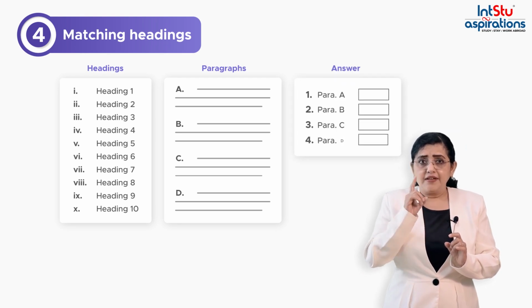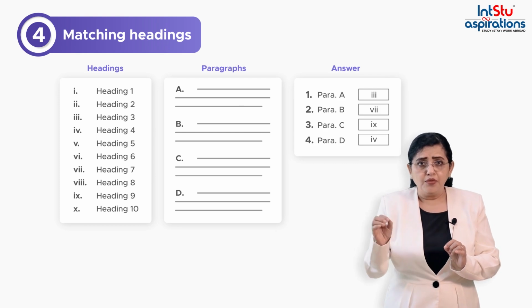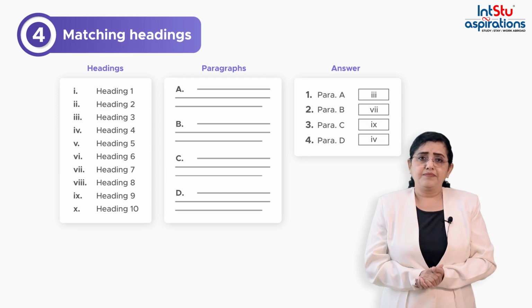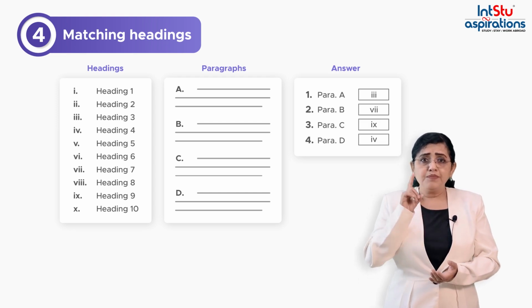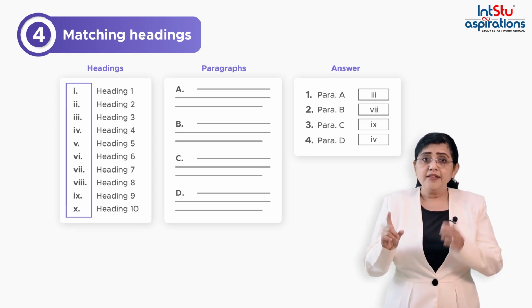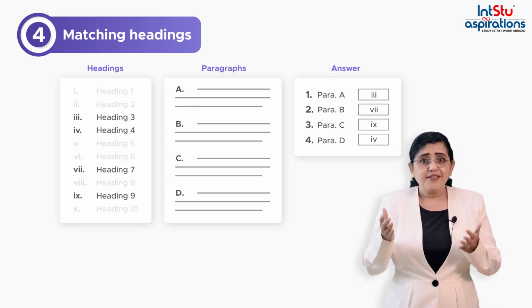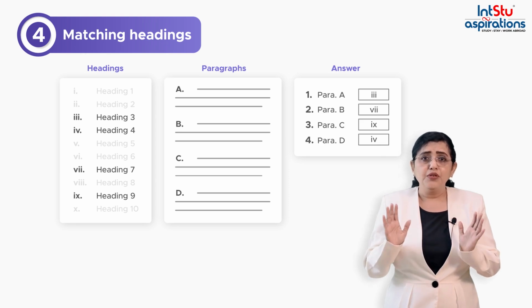Test takers write the appropriate Roman numerals in the boxes in their answer sheets. There will always be more headings than there are paragraphs or sections, so that some headings will not be used.